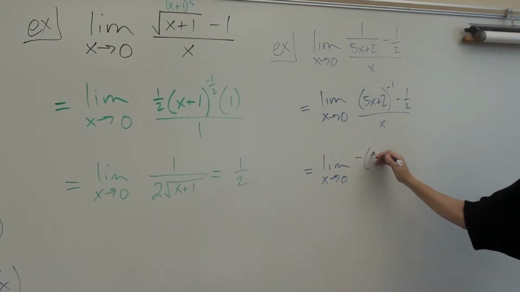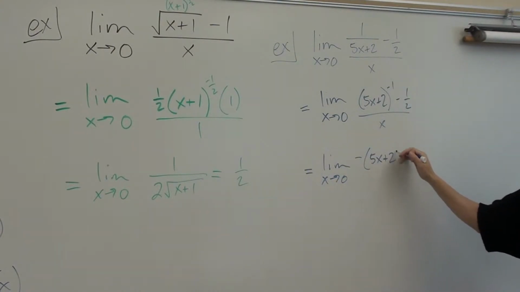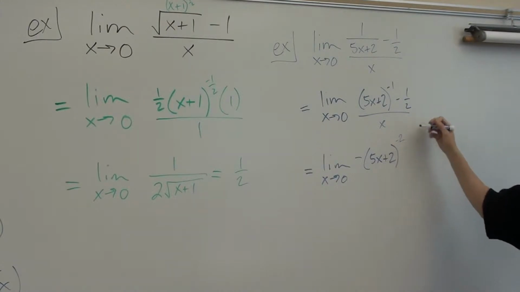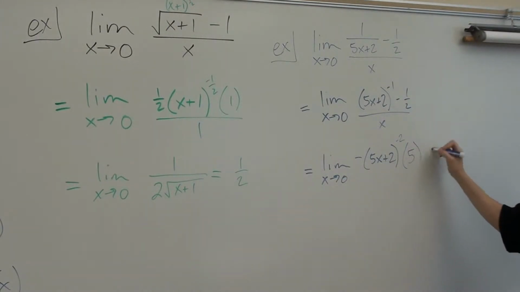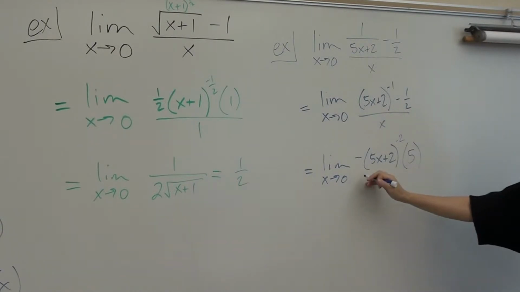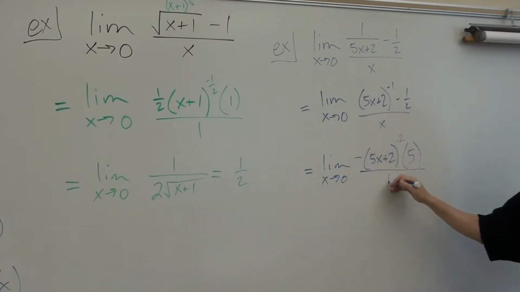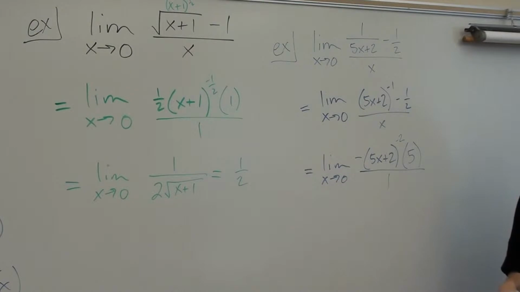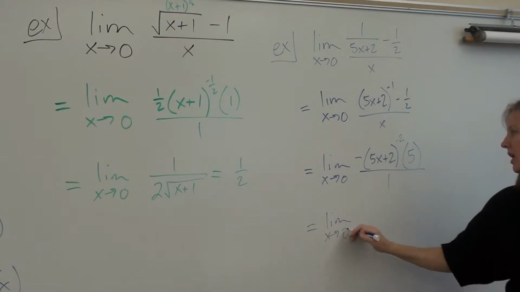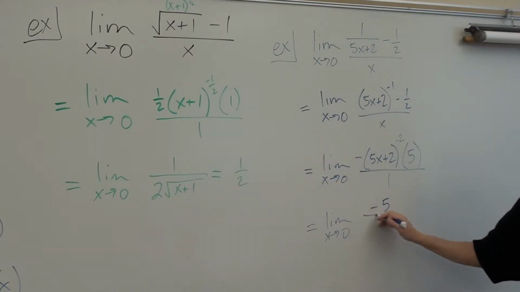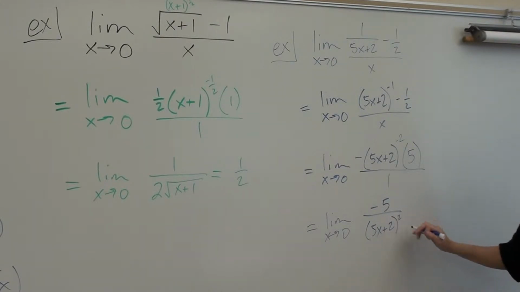Negative 1 times 5x plus 2 to the negative second, times the derivative of the inside, 5, minus 0, all over 1. Now if I clean it up, I get negative 5 on top over 5x plus 2 squared on the bottom. I plug in my 0, and what do I get?